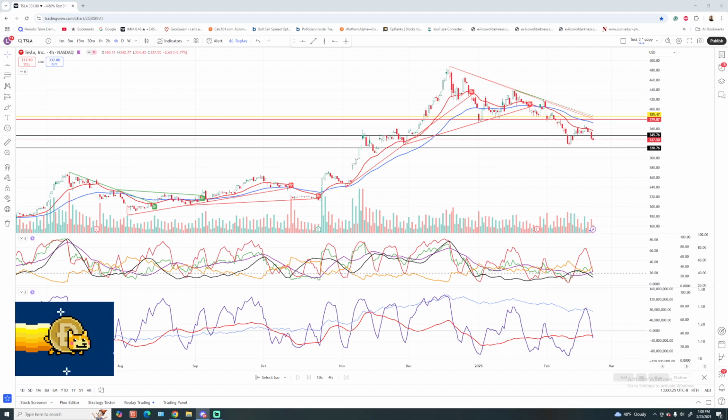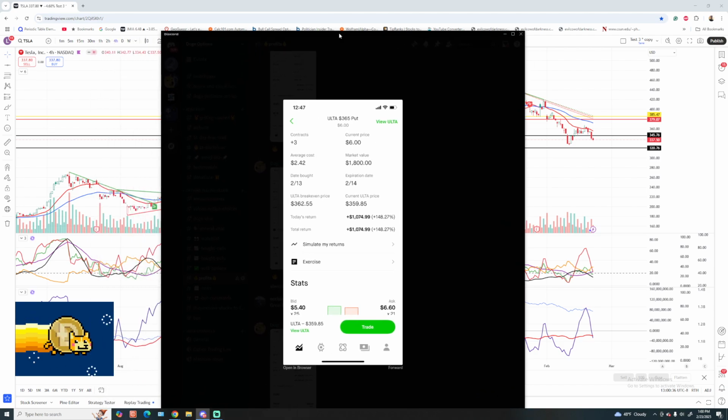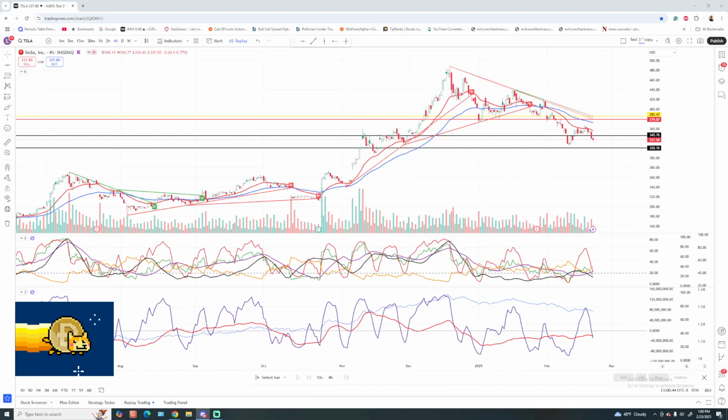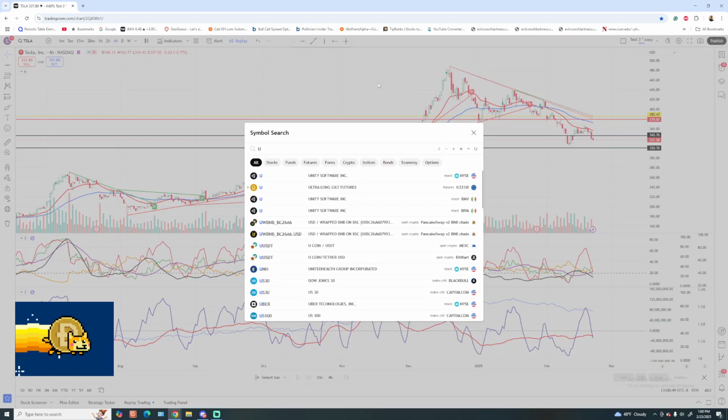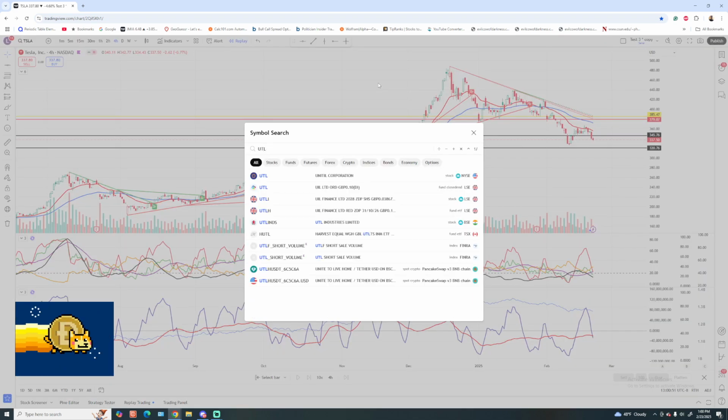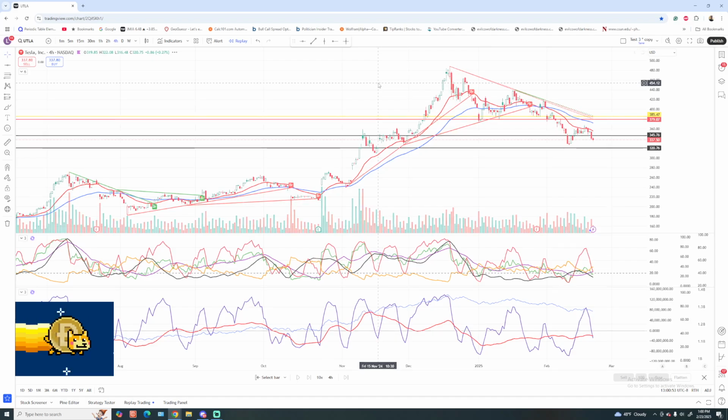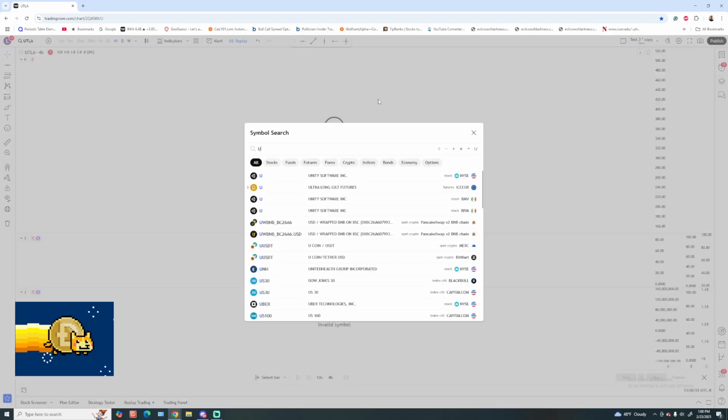I want to do XOM, but XOM was pretty finicky. But we're gonna look at ULTA puts. I got this on the 13th. Damn, that was a swing trade. That was a verified swing trade.